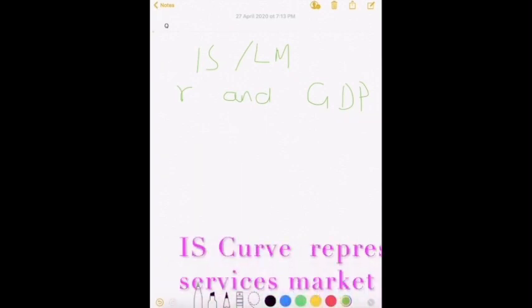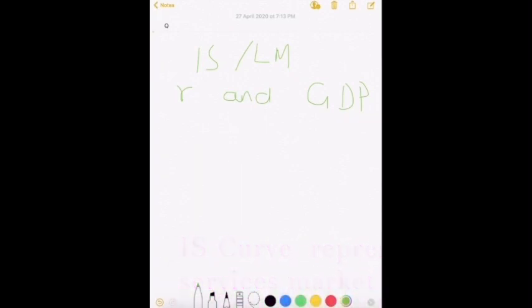And in the ISLM, the abstract concept of an economy is changed, and we break the economy down into two markets: the goods and services market and the financial market. Interest rates and GDP behave differently in the goods and services market and the financial market. Therefore, we need to study both of them.